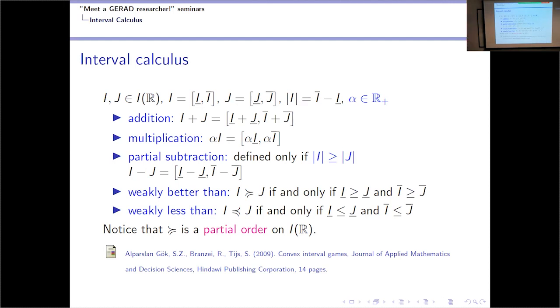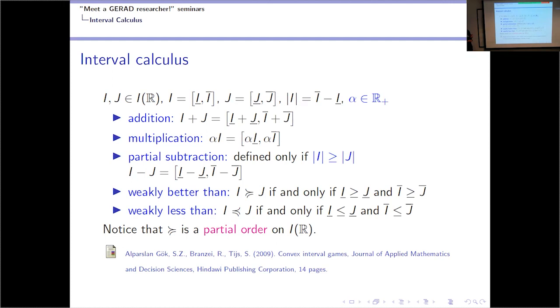If the lower bound of I is greater than or equal to the lower bound of J, and the upper bound of I is greater than or equal to the upper bound of J, then you can say I is weakly better than J, so the player should choose I. And there is also a reverse version of it, which is called weakly less than.